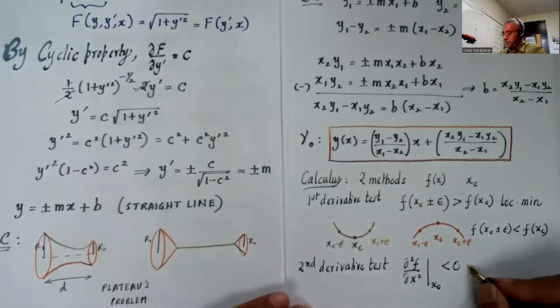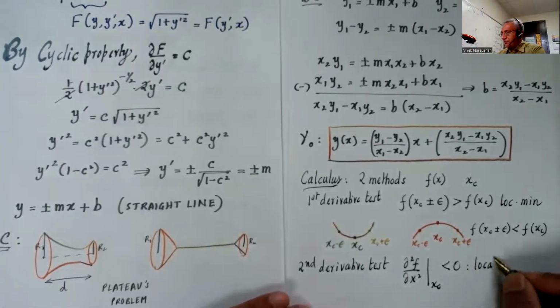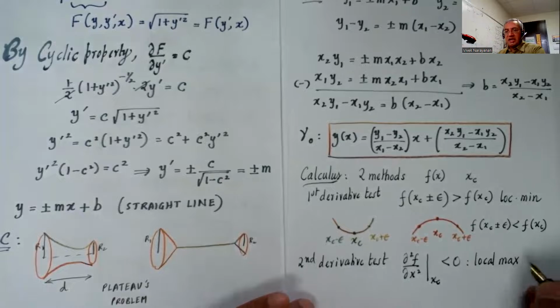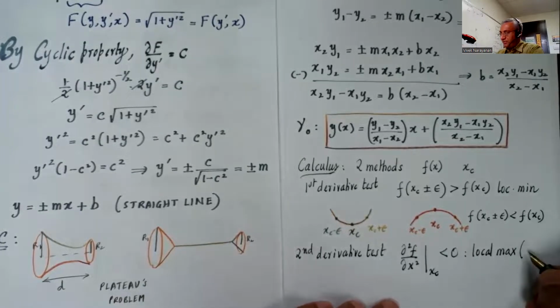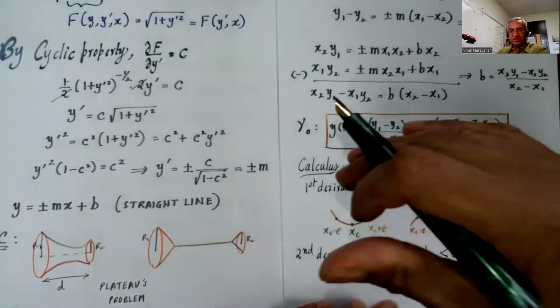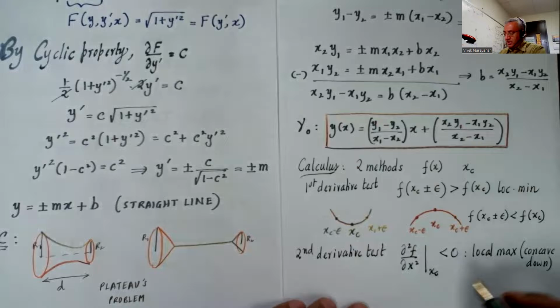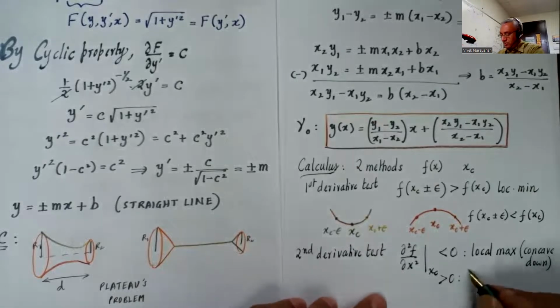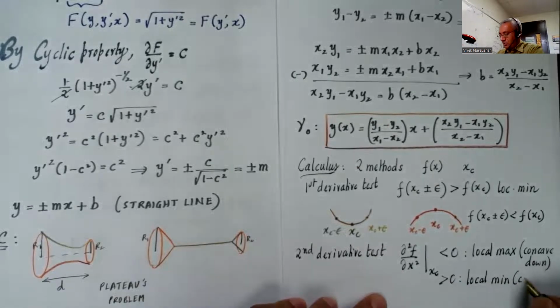If it's less than 0, it's a local maximum, and it's the condition for concave down. That's the picture over here. It's concave down. It's palm down. If it's bigger than 0, then it's a local minimum, or concave up.